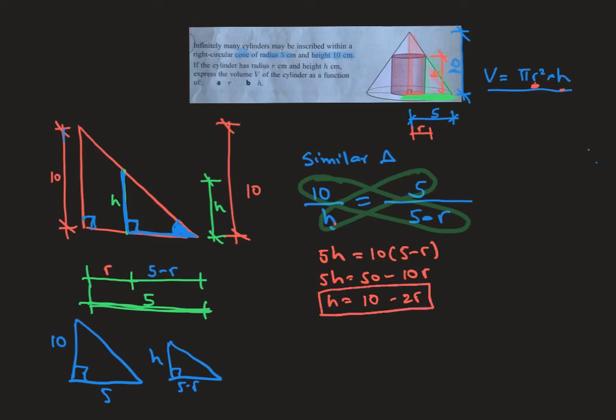Now, to find the volume in terms of R, we're going to have pi R squared. And now when we see this H here, instead of H we're going to replace it, oopsies, I deleted it. Silly me.